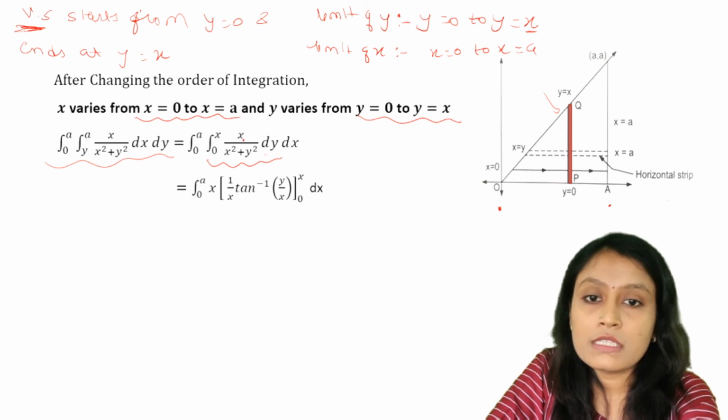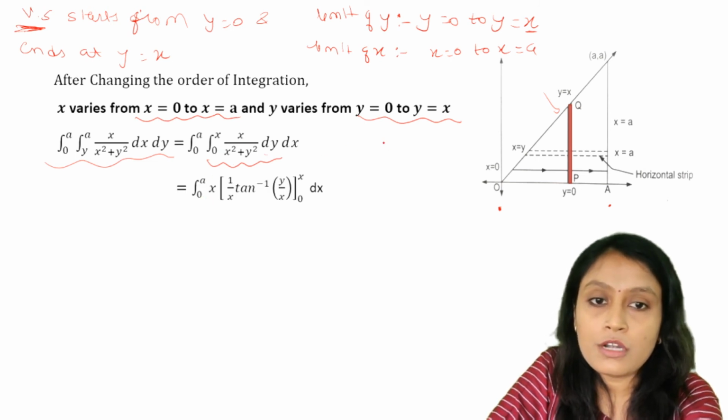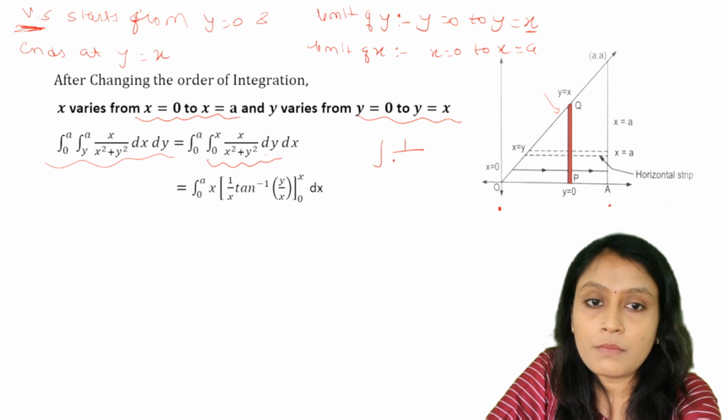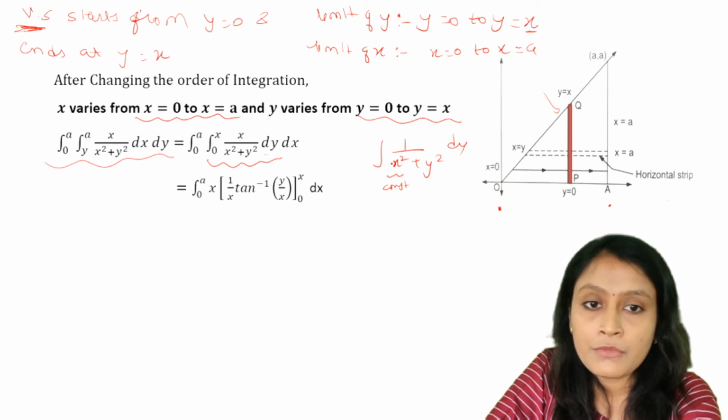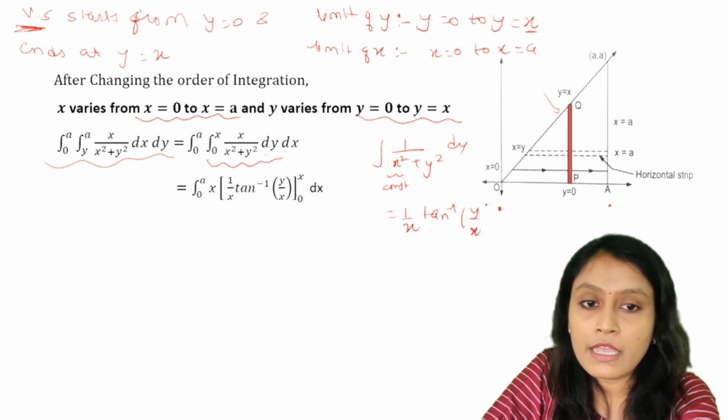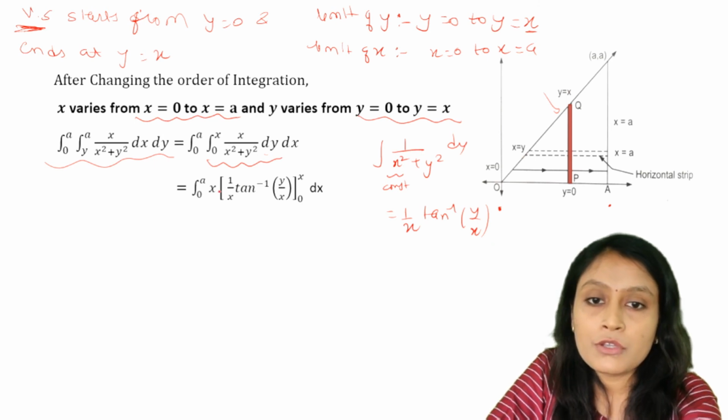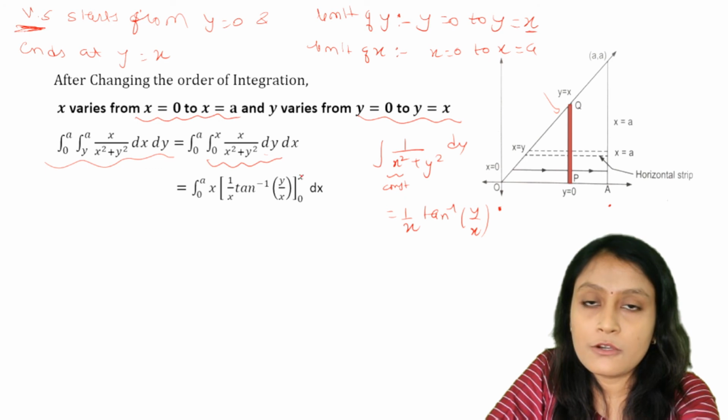So this x we take outside, and what remains is integration 1 upon x square plus y square. Now x is constant and we integrate with respect to y, so we use the formula 1 upon x tan inverse y upon x. So you will get 1 upon x tan inverse y upon x, and the limits are 0 to x. Substitute the limit, and we will cancel this x.